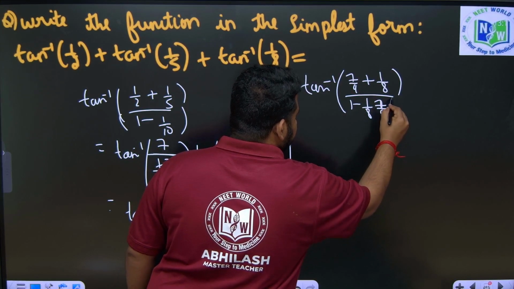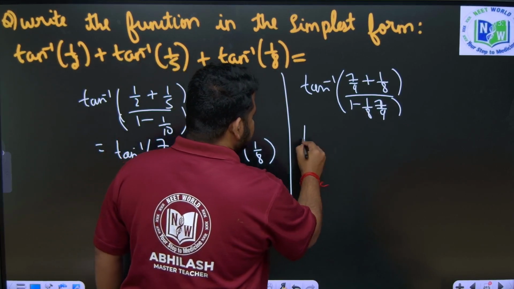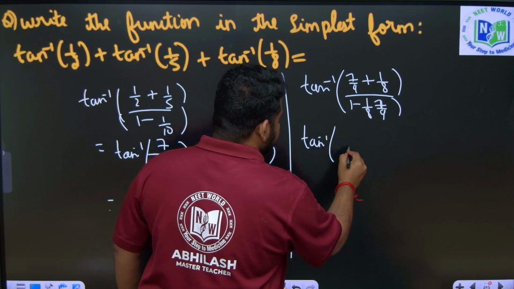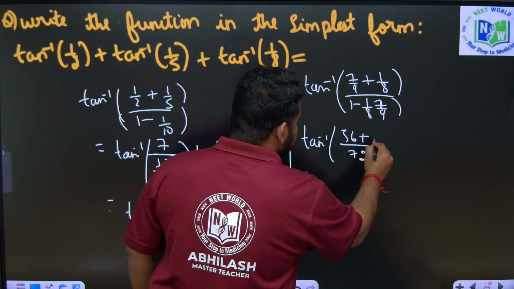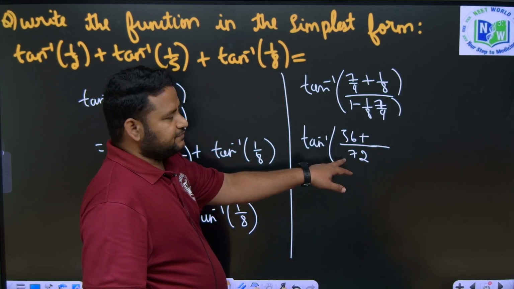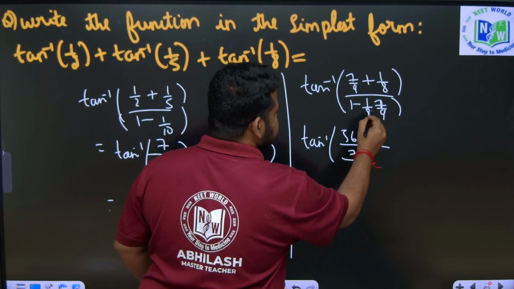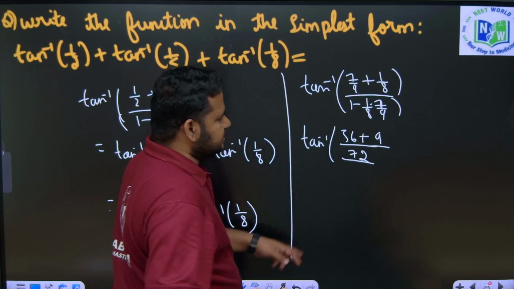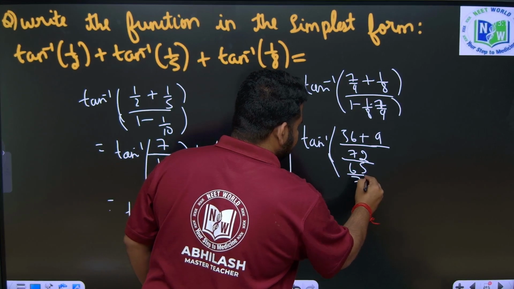What do we get? 7 by 9, LCM is 72. So here we will have tan inverse of 9 eights are 72, 8 sevens are 56, plus 8 nines are 72, 9 into 1 is 9, divided by 9 eights are 72, 72 minus 1 into 7, that is 72 minus 7, which is nothing but 65. So 65 divided by 72 we will have.